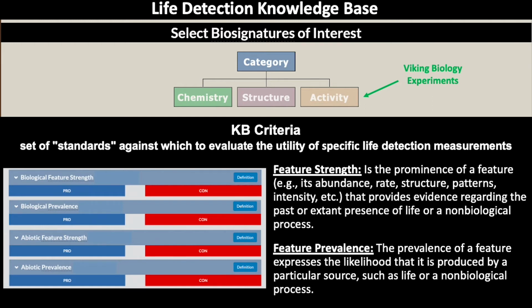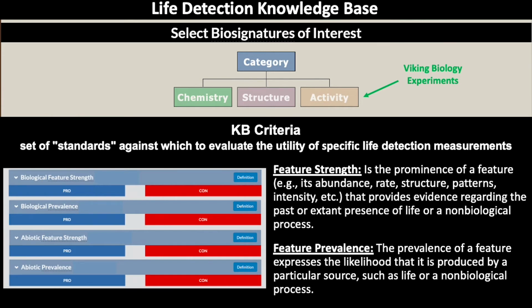The knowledge base is structured using criteria, where criteria are a set of standards against which to evaluate the utility of specific life detection measurements. Two of the criteria in the knowledge base are feature strength, which is the prominence of a feature that provides evidence regarding the past or extant presence of life, or a non-biological process, and feature prevalence, which expresses the likelihood that the feature is produced by a particular source, such as life or a non-biological process.